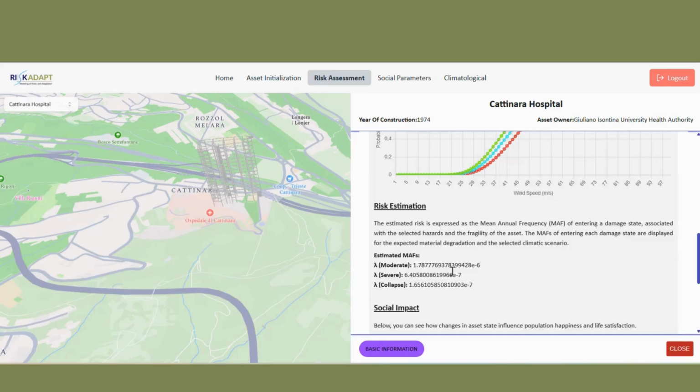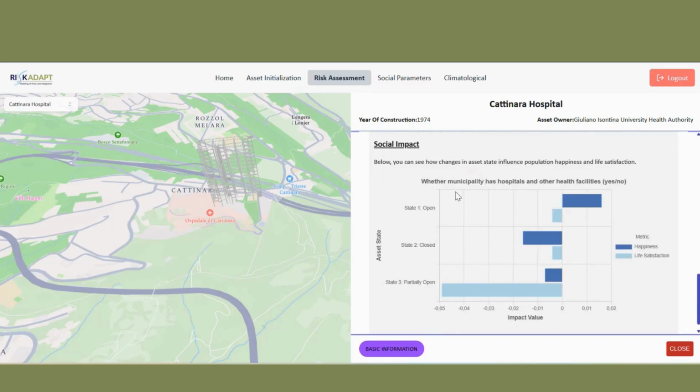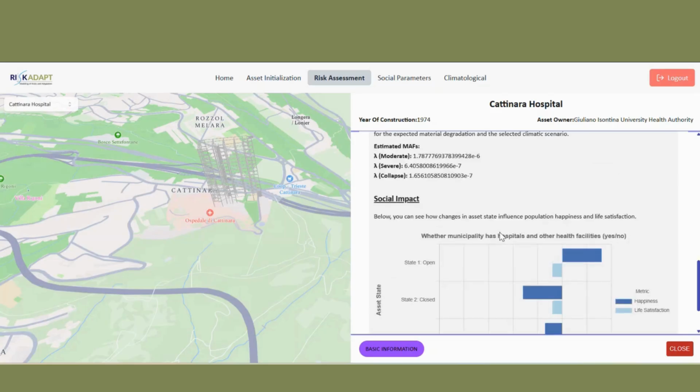As you can see, for the Katinara Hospital, even in the year 2050, since no corrosion effects are expected, we end up with very low mean annual frequencies, even for the moderate states. And of course, the moderate state has the highest annual frequency, and then the severe, and then the collapse. And based on this result, we can end up with a corresponding social impact graph, where the user can say that, okay, this is the vulnerability, the risk of my structure.